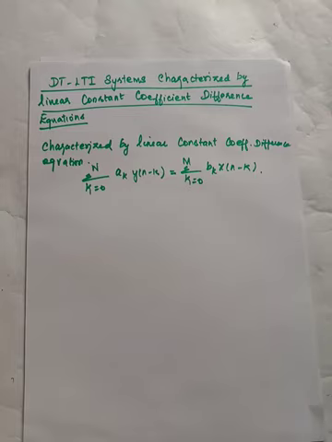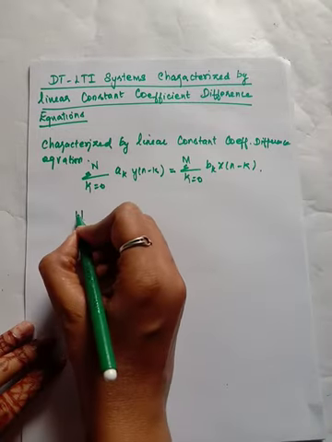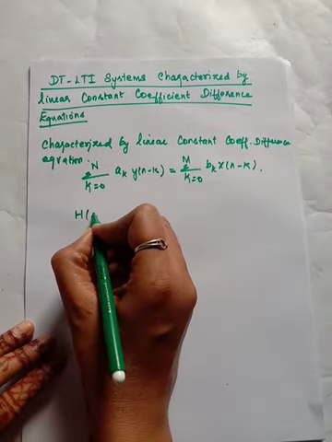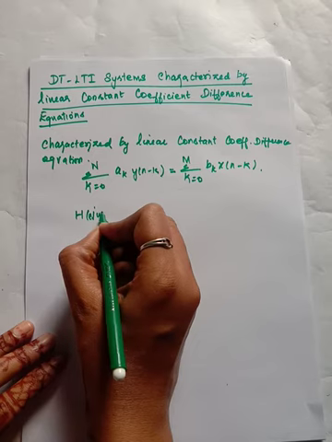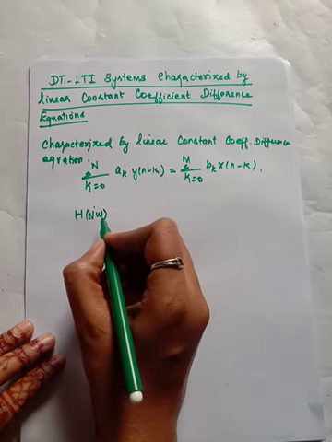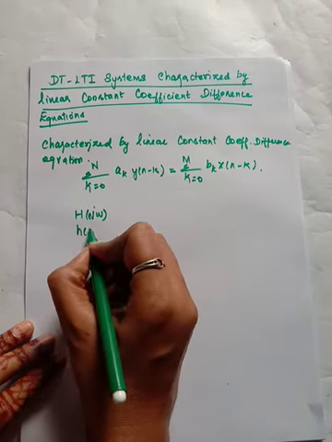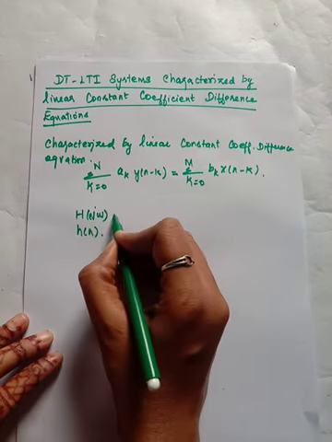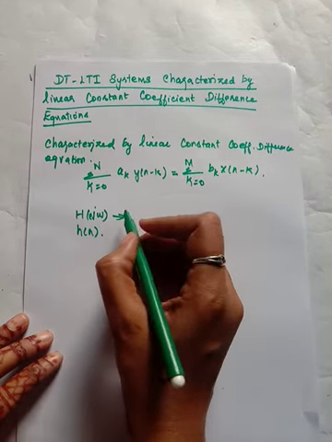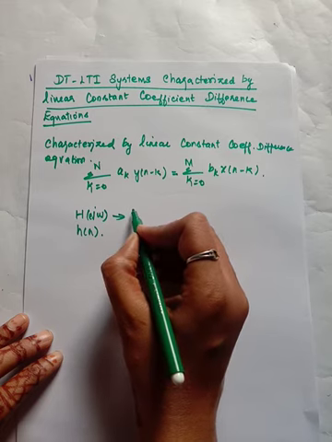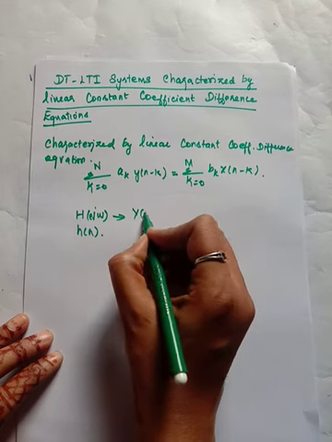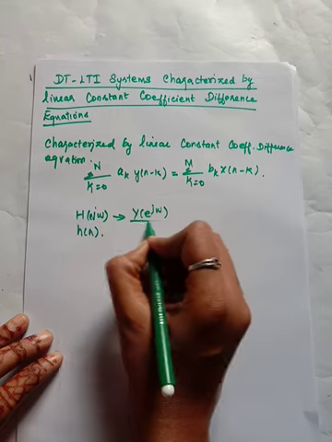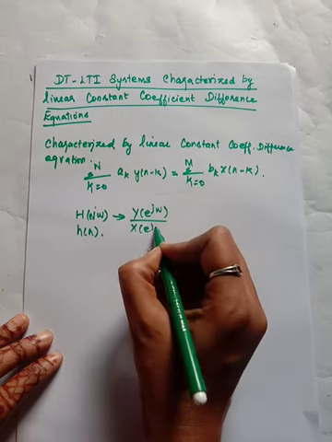Similar to the previous one, here we are going to find the transfer function, that is H of e power j omega, of the system and the impulse response of the system. If you want to find this transfer function, you need to find the output by input, that is Y of e power j omega divided by X of e power j omega.